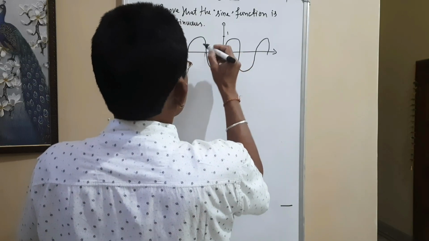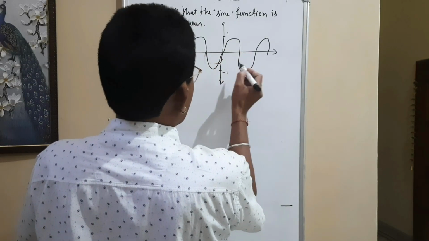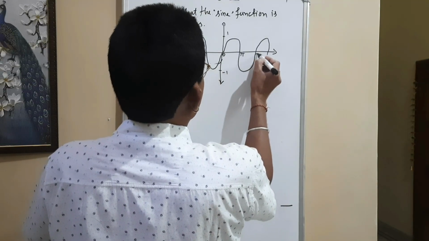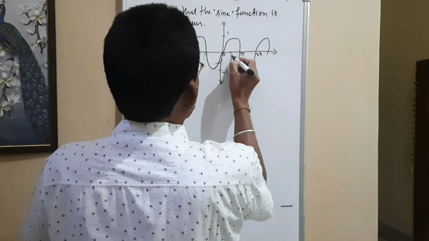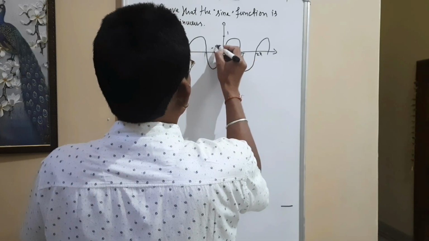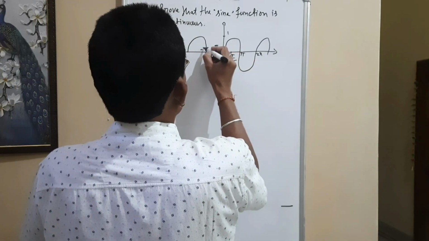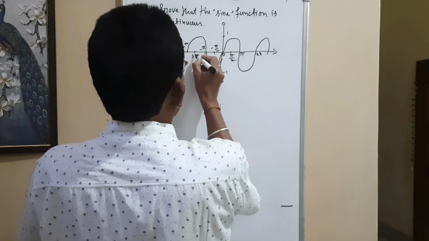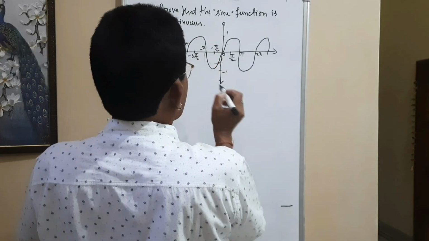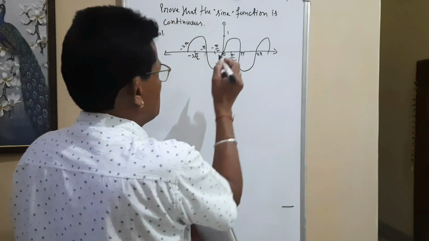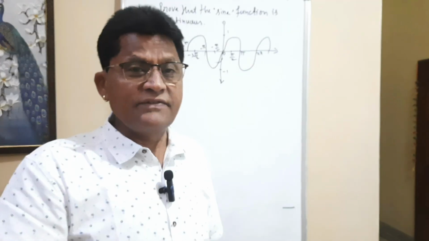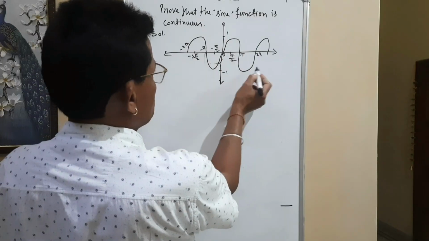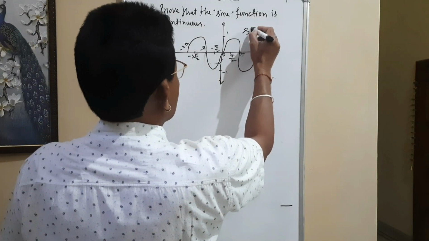My dear student, this is the graph, a small graph I have drawn, that will be origin 0 0, pi, 2 pi, it will be pi by 2, okay, it will be minus pi by 2, and that is minus pi, and that is minus 2 pi, and that is 3 pi by 2. This is the graph. My dear student, try to understand. This is a very, very important graph. Range that is minus 1 to 1. Okay, this is the range of the sine function. This is the graph of sine function.